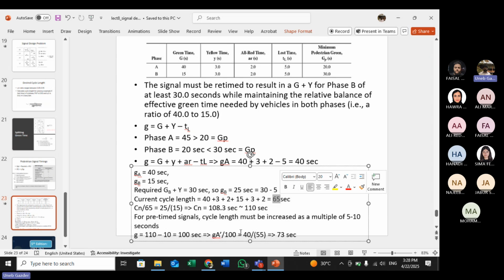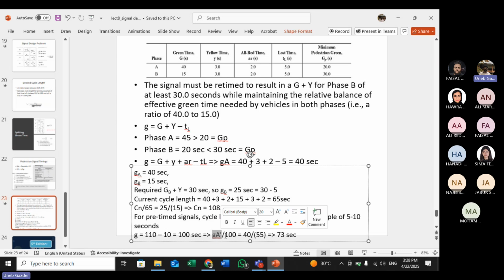I will use the ratio approach. The new time of A upon the new total time equals the old time of A upon the old total time. When I say total time, I mean the total effective green time, not the cycle length. You can do it with the cycle length as well; you will almost get the same answer.